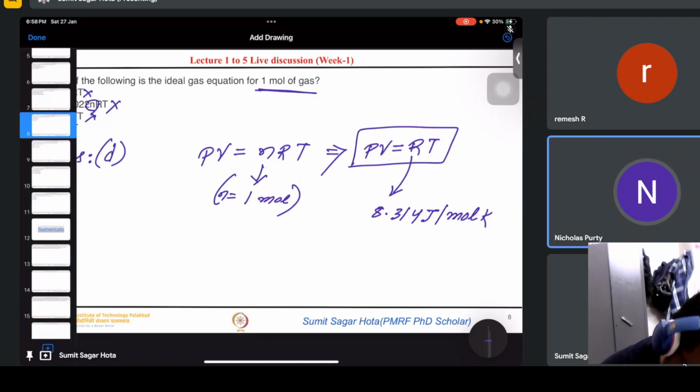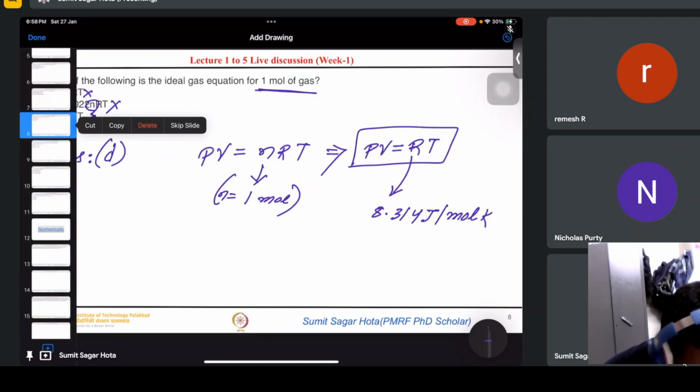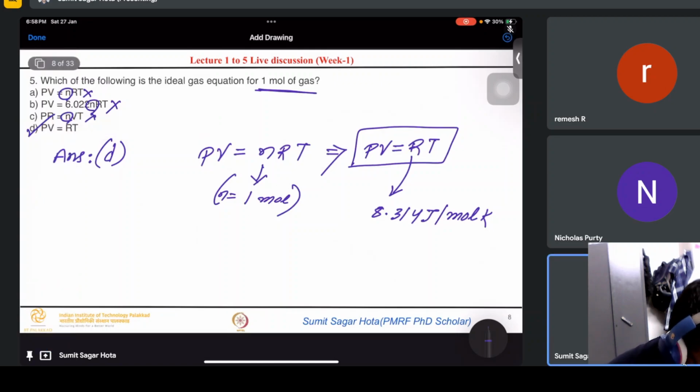Kilojoules, sir. Kilojoules are units. Confusion is there then. If the unit is joule, always take mole.